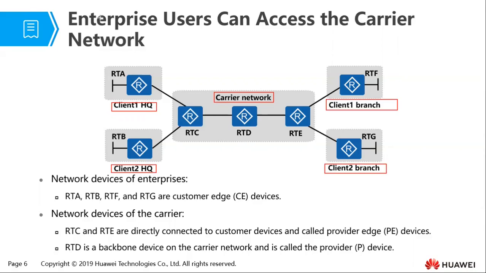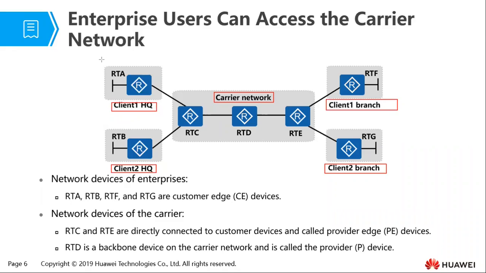Now, with this kind of setup, we have three types of routers, which you must understand at this point because we are going to be referring to them as that.